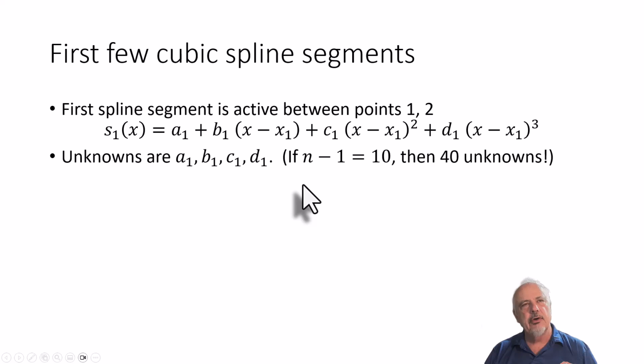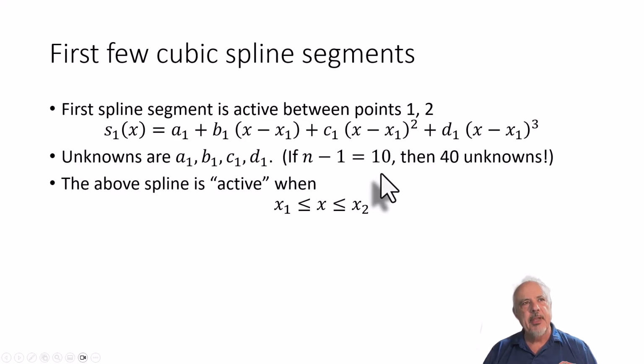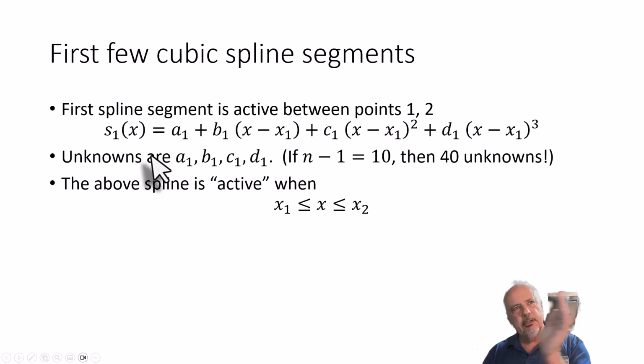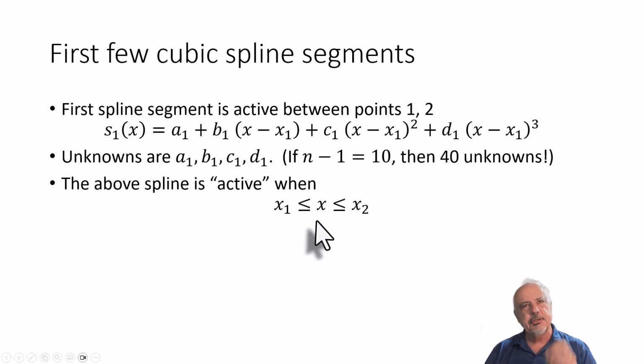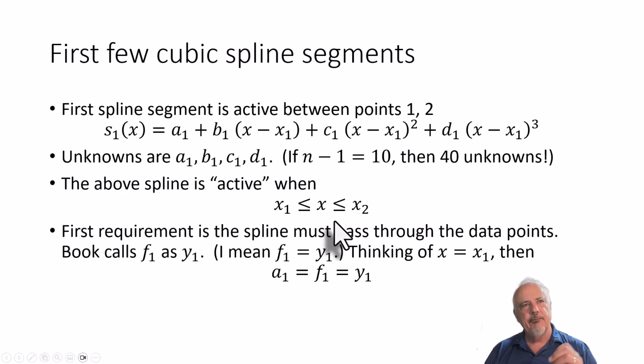So the unknowns are the A, B, C, and D. If you've got 10 spline segments, that means you've got 40 unknowns, so there's quite a bit to figure out. This first spline segment is only active between the first and second x values. The first requirement for the spline is that it must pass through the data points.